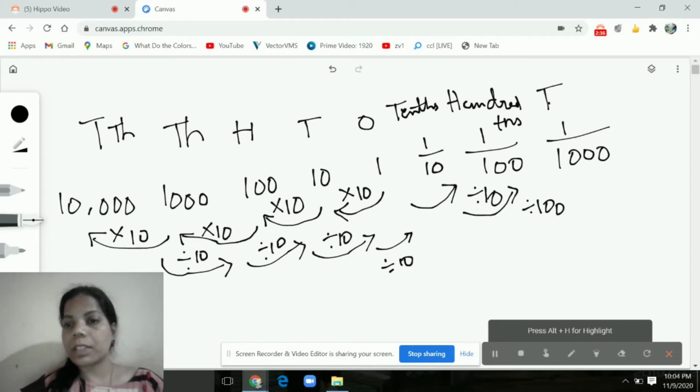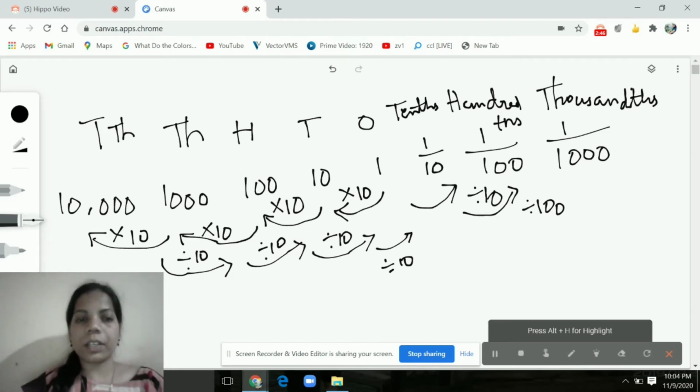This is thousandths. Got it, children? So here if we move towards the left side, the number will get increased by 10 times. If we move towards the right side, the number will get decreased by 10 times. Got it, children? This is the decimal place value chart.